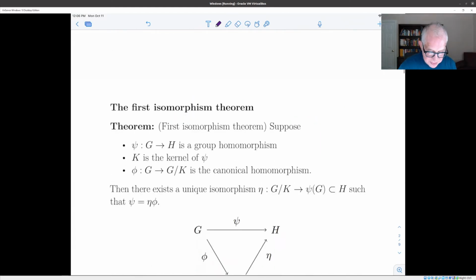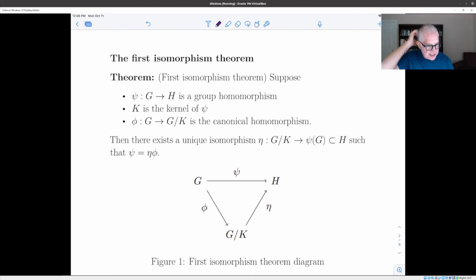Now let's take a look at the first isomorphism theorem. And as I said, it's a bit of a brain buster. So we'll start with the hypotheses. The hypotheses are, first of all, we have a homomorphism of groups. It's probably best to refer to this diagram, which I took from the book. It's a standard diagram for explaining this theorem.